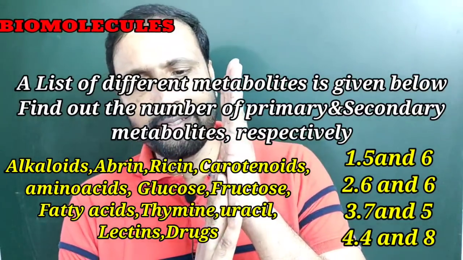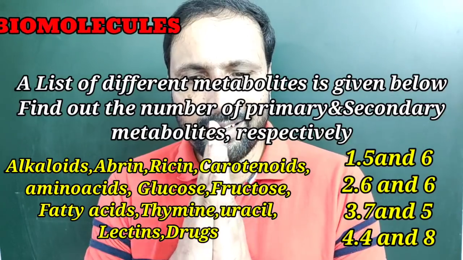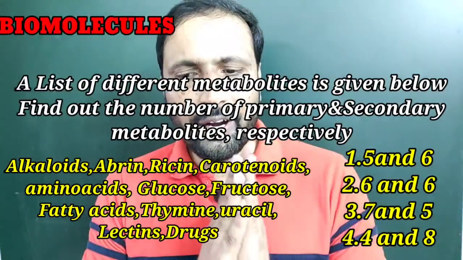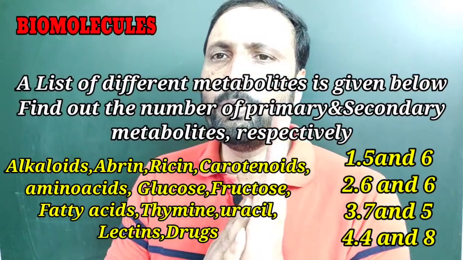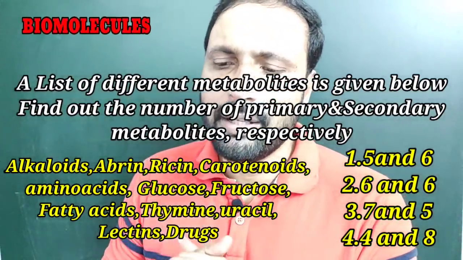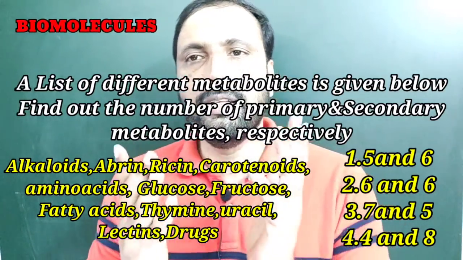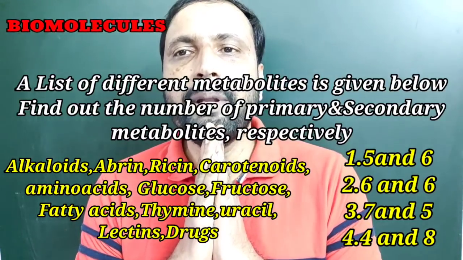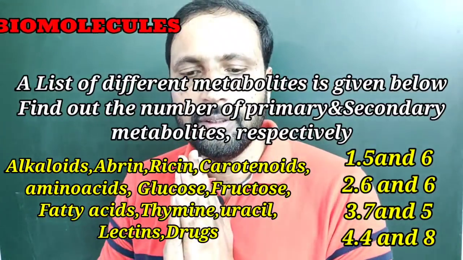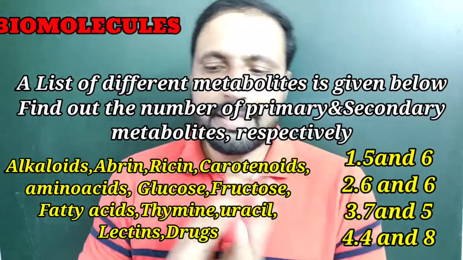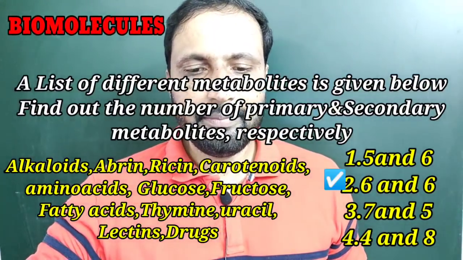Alkaloids, heparin, ricin, carotenoids, lectins and drugs are secondary metabolites, economically useful to human beings. Whereas amino acids, glucose, fructose, fatty acids, thiamine and uracil are primary metabolites. So 6 and 6. In my point of view, the answer is the second option, 6 and 6.